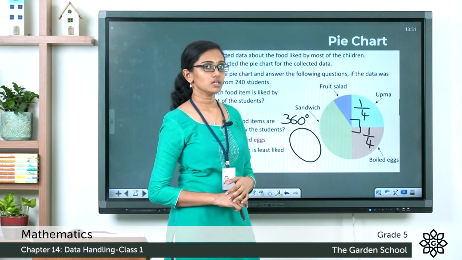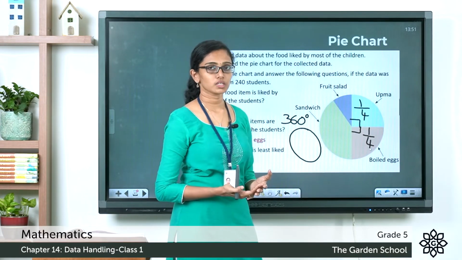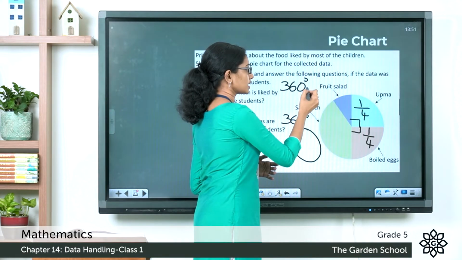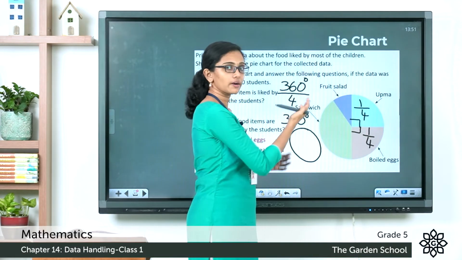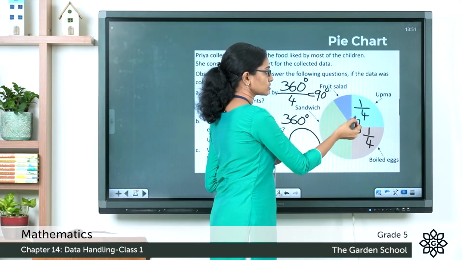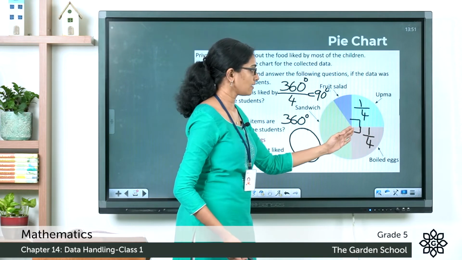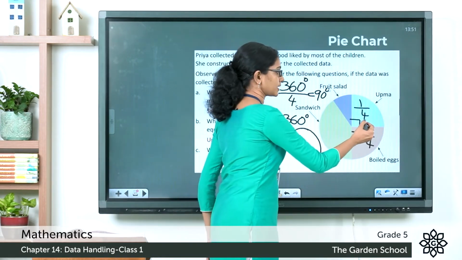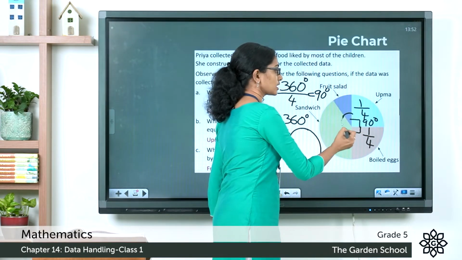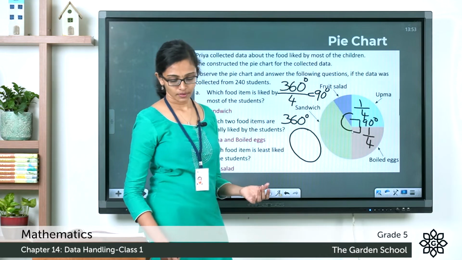So in a circle, if a sector corresponds to 1/4 of the circle, it will have an angle measurement of 360 degrees by 4, that is 1/4 of 360 degrees, which is equal to 90 degrees. So you see the sector for upma and the sector for boiled eggs both have the angle 90 degrees. And the other sectors will also have angles, which you will learn in detail in your higher classes.